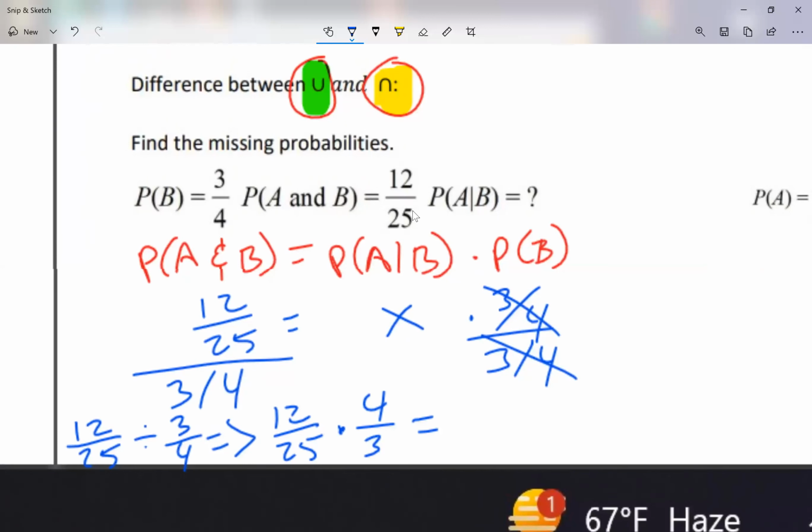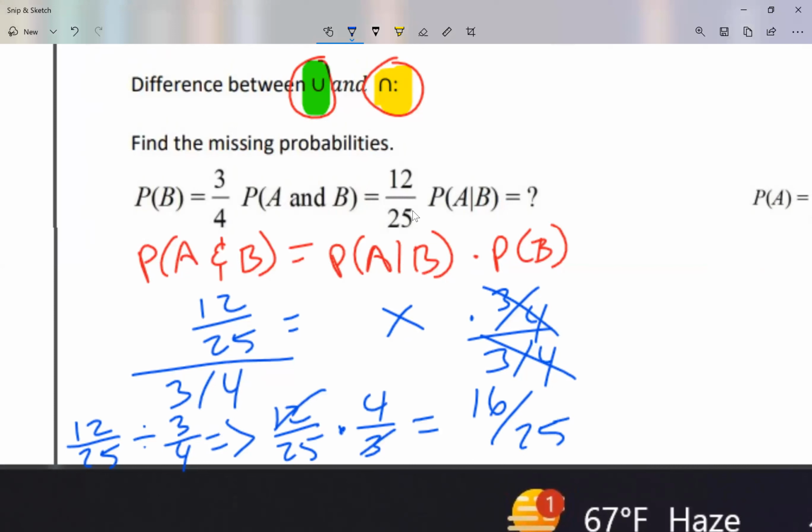Now I simplify, and this is going to give me 16 over 25. Because look, this is 4, this is 3. I divided each by 3 here. Oh no, this is a 1. So 16 over 25. That's it.